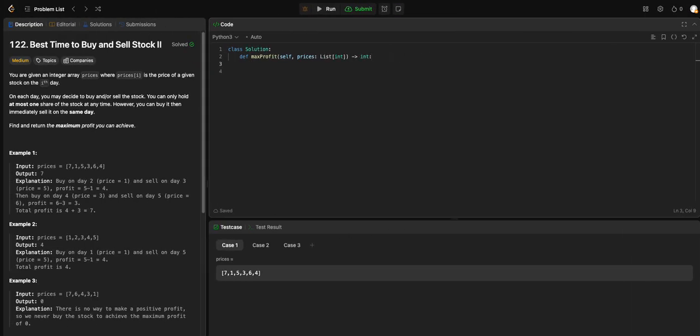So we have profits, starting from 0. For i in range of the length of prices.